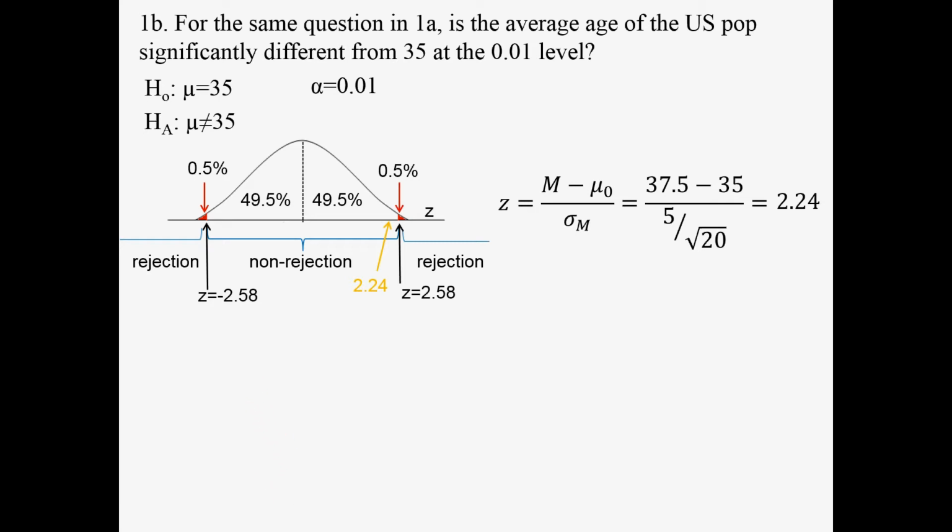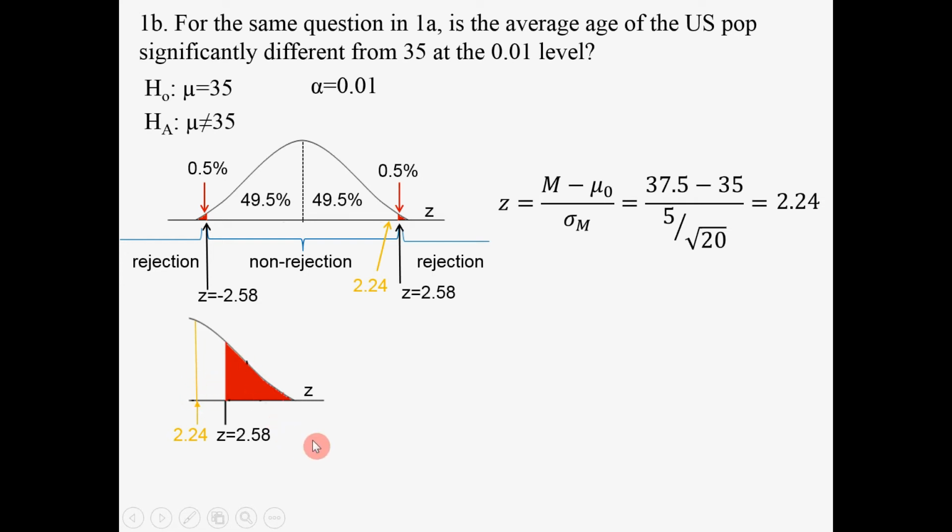Now again, we enlarge this corner to see it more clearly. This is the critical z-score 2.58, and the sample mean test statistic z-score 2.24 falls to the left of the critical z-score, forming this larger corner. So the p-value for this question will correspond to this larger corner.